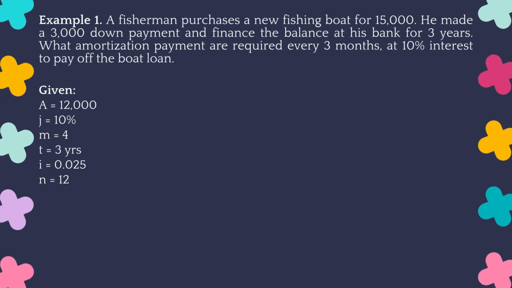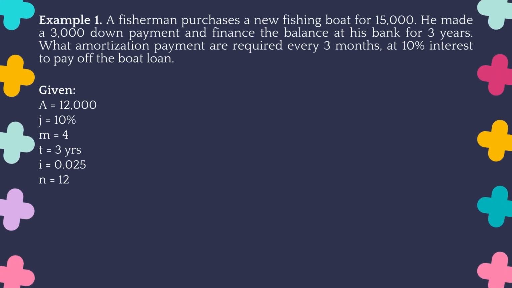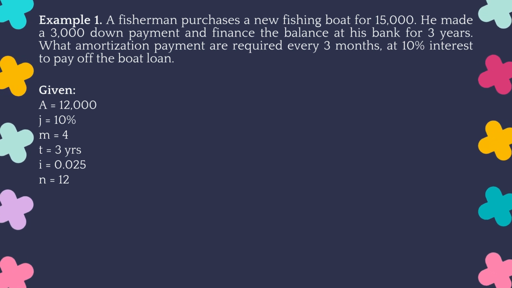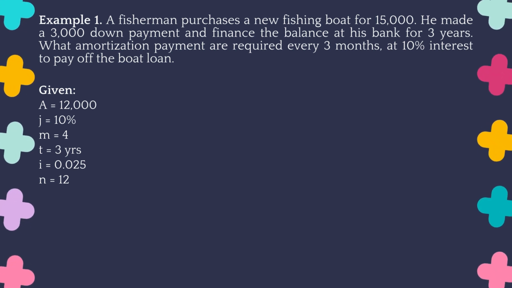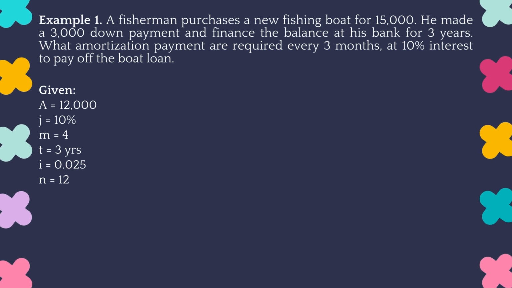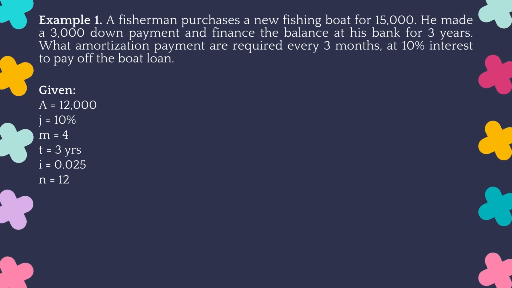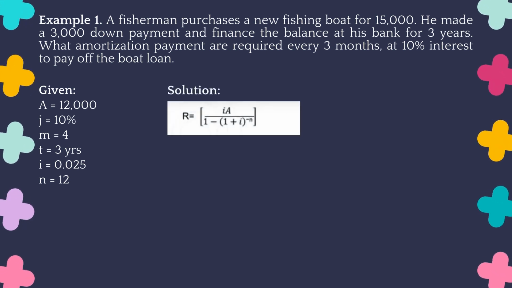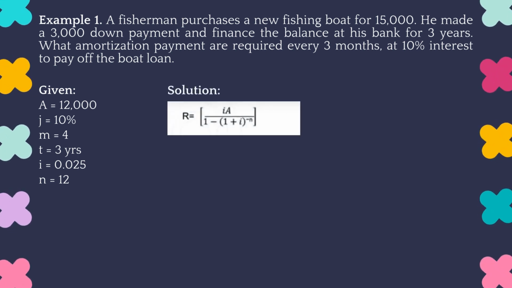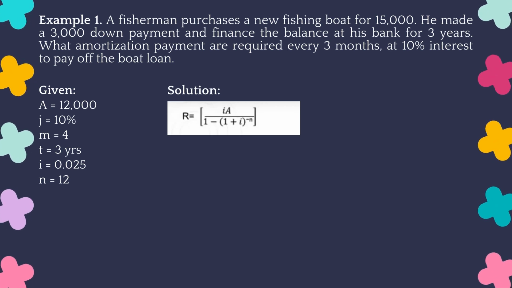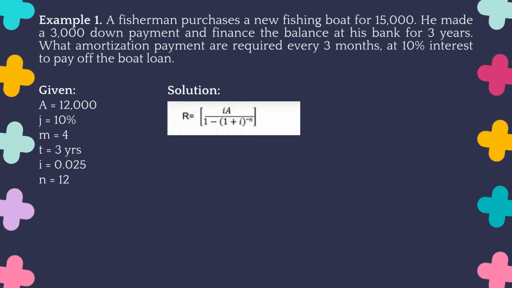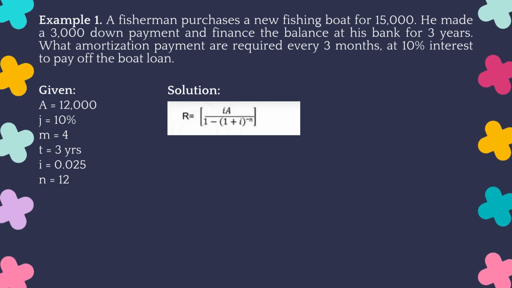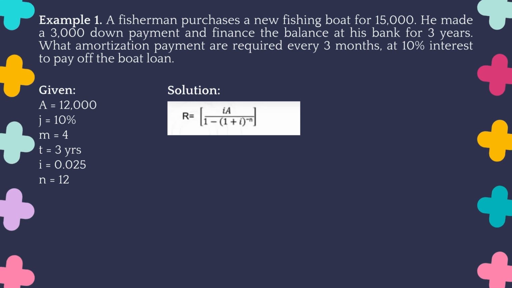I is equal to 0.025. Gikuha ni siya sa J over M. 10% over 4 equals to 0.025. N is equal to 12. Compounded quarterly 4 multiplied by time for 3 years. So, formula, R is equal to open bracket I times A over 1 minus open parenthesis 1 plus I close parenthesis powered by negative n close bracket.